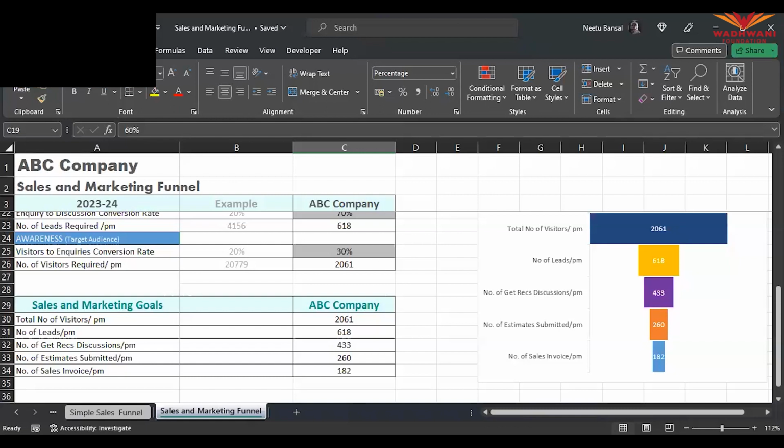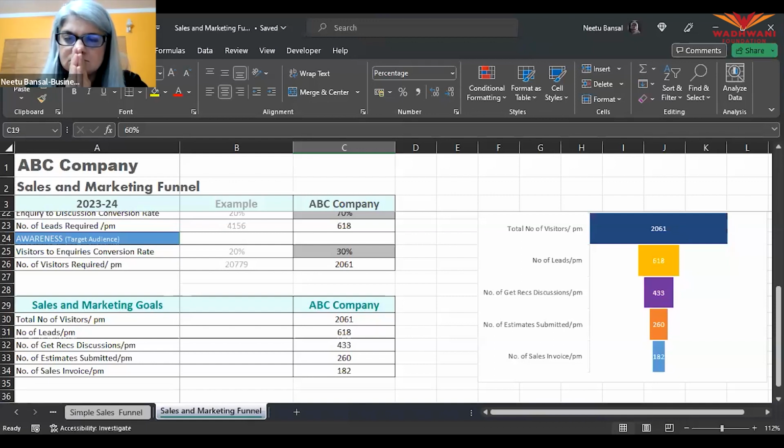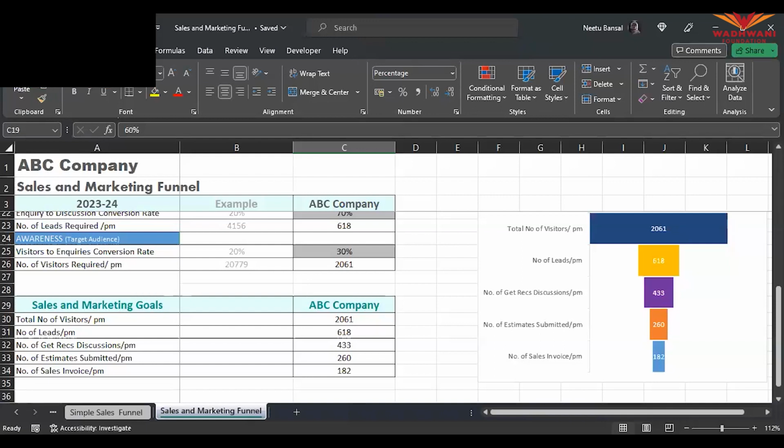Then the conversion rate, once the product is out in the market and how many will buy, is 1%, which is what we have calculated. Based on that assumption, we are going with the strategies laid down by Vadhvani Foundation.